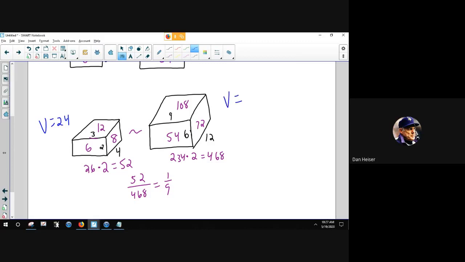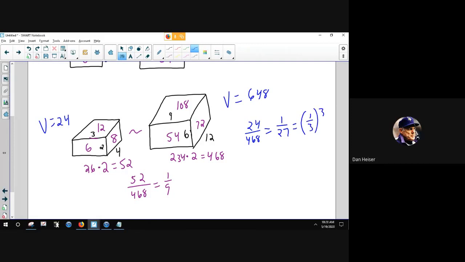The volume of this prism, base area times its height, 648. We take a ratio, 24 to 648. That reduces down to 1/27.